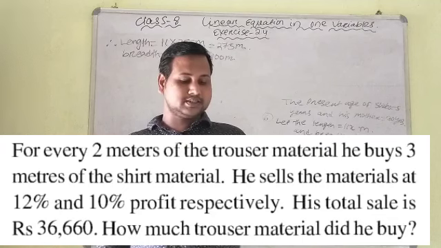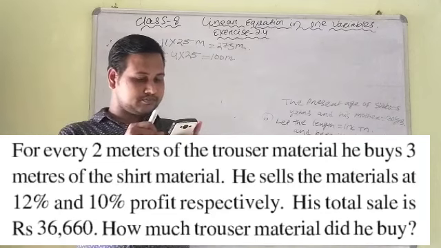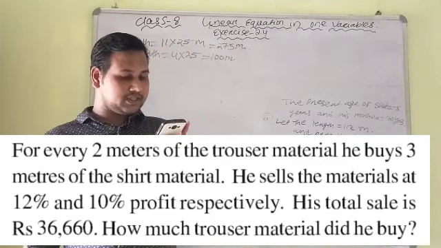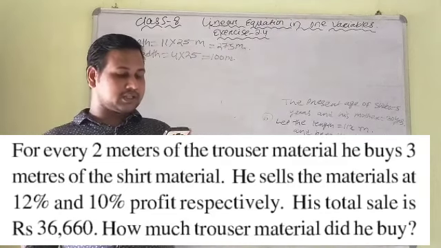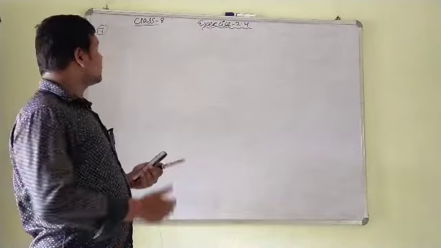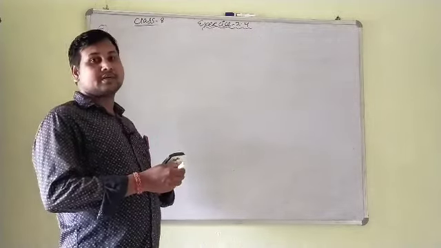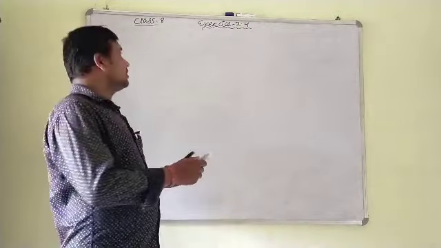His total sale is rupees 36,660. How much trouser material did he buy? For 2 meter of trouser material, Hassan bought 3 meter of shirt material.